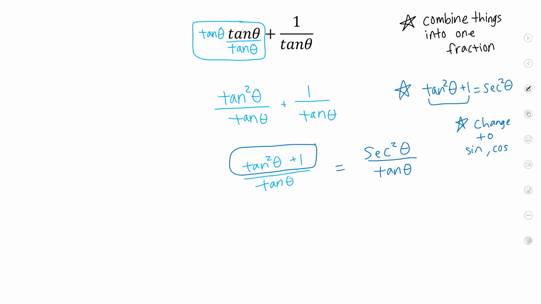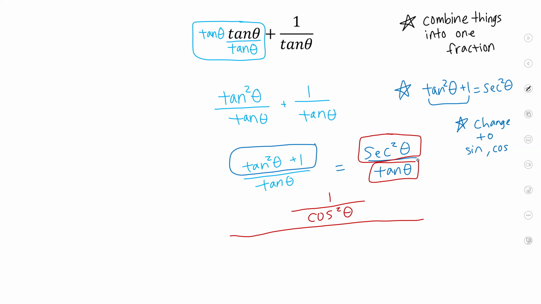So remember, secant squared is the same as what? 1 over cosine squared. Okay, so I can write this numerator as 1 over cosine squared theta divided by, what can tangent be rewritten as? Exactly, sine over cosine. And of course, when you're dividing fractions, you're going to flip the second one and multiply.